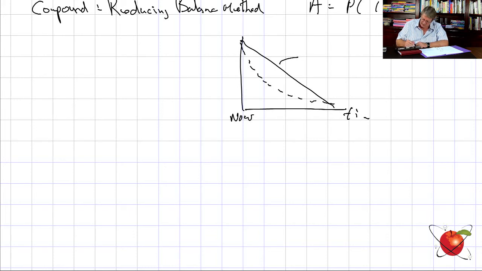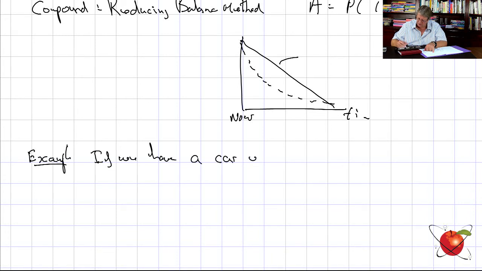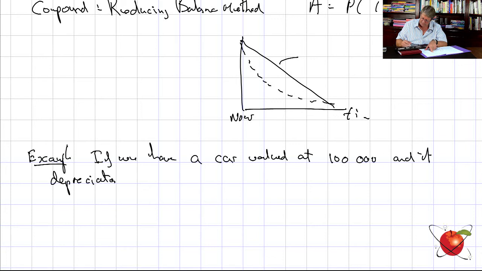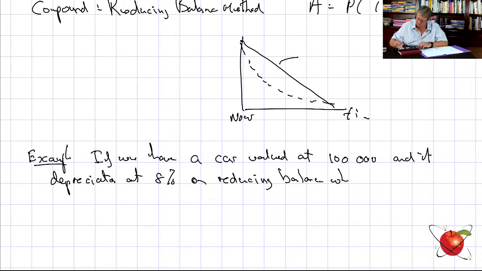So let's say an example, just very quickly. If we have a car valued at 100,000, whatever it is, and it depreciates at 8% per annum, which is very low, on a reducing balance, when is it worth 50,000?